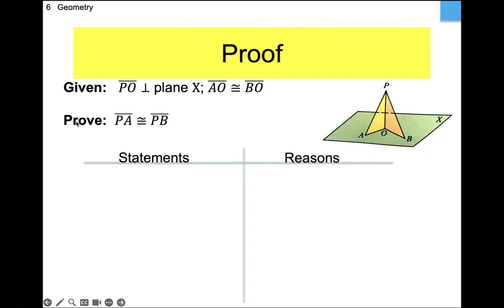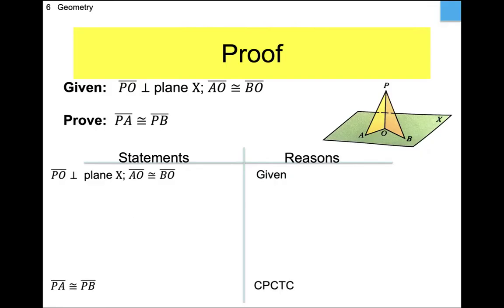All right, so let's see if we can do this. Well, I'm going to go to the initial statement. I know how it's going to end. It's going to end with a CPCTC. I'm going to show that those two triangles are congruent. All right, back to my given. Well, I have AO and BO are congruent. So AO and BO are the bottom, and I have PO is perpendicular to the plane.